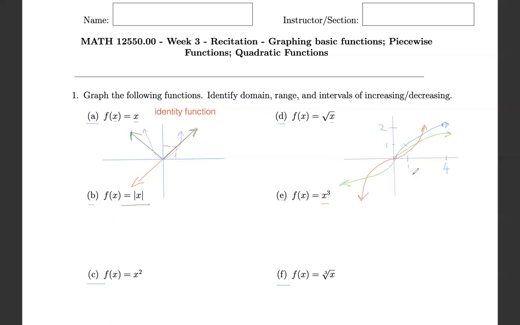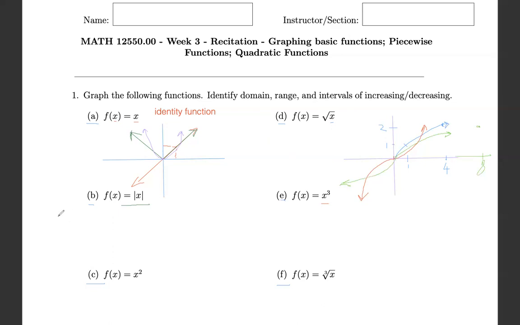You can give 1 or 0, 0 origin is on the graph. And the cubic root of 1, still 1. Then you can think about cubic root of 8 equals 2, right? Cubic root of 8 equals 2 somewhere here. Maybe A is here. Then cubic root of A is 2. You have these points on the graph.